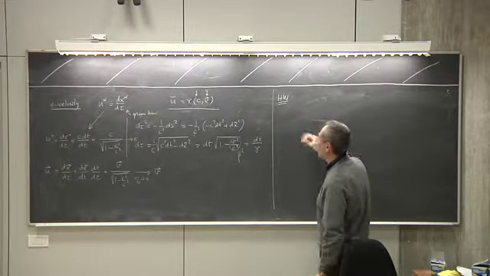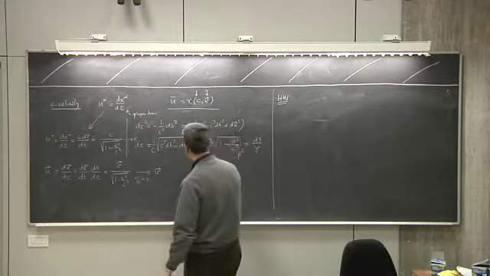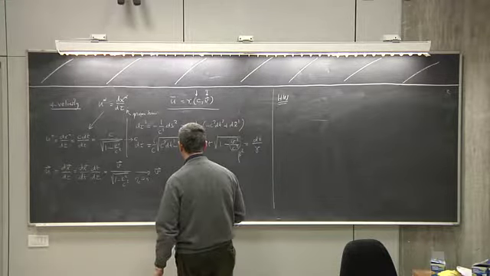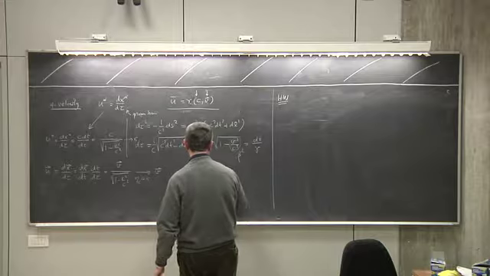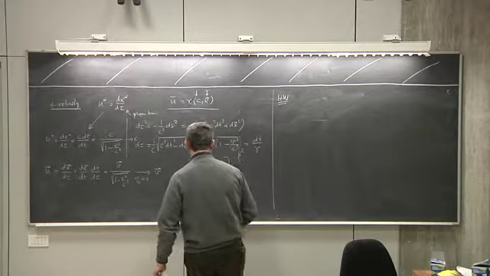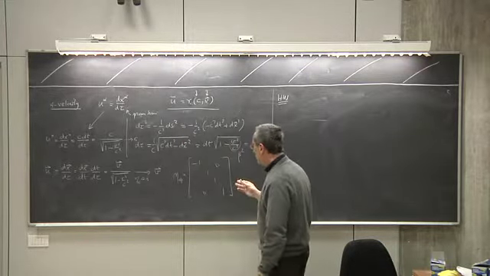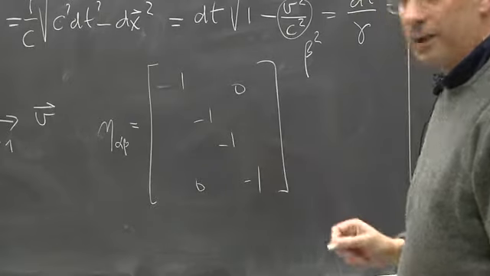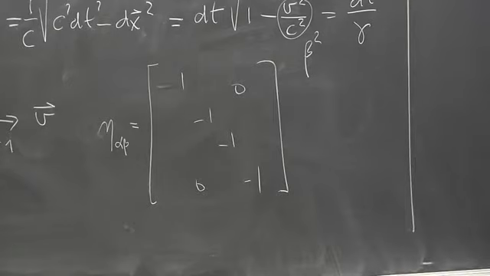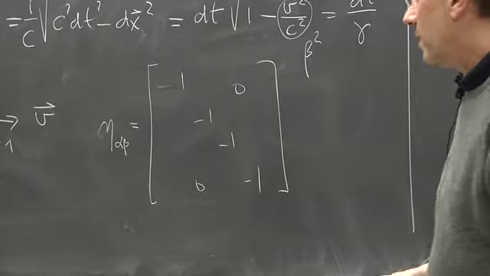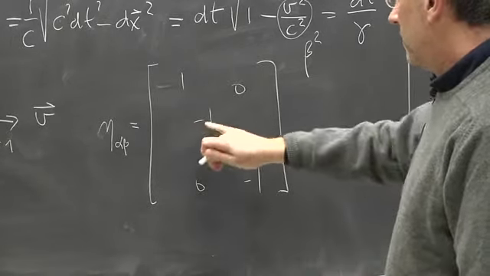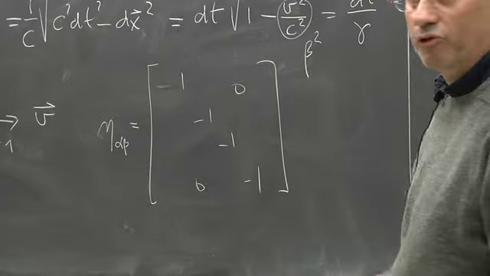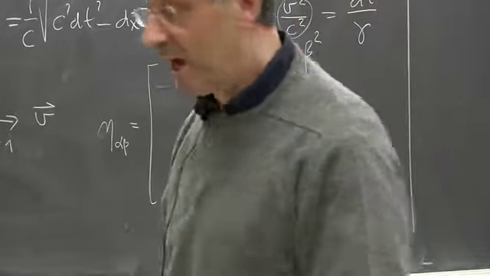So maybe I should mention that I wrote the Minkowski metric in this form, right? Of course, this is not completely unique. In some books, you will find this other metric. It depends which one you study first, and then it's very hard to switch.